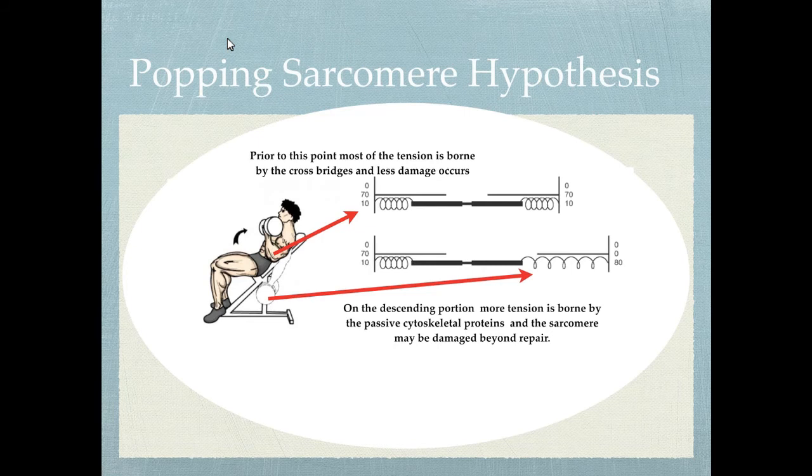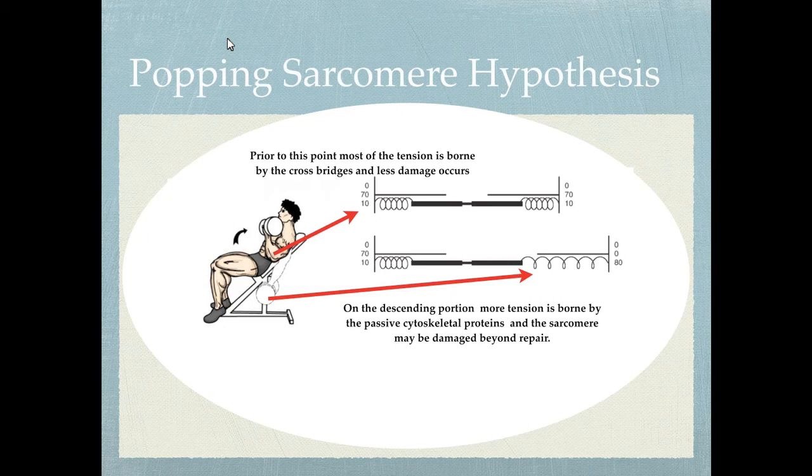So what actually occurs? How does the sarcomere get destroyed? Well, if you look at this graph here, in the upper portion, when this individual is lifting on the concentric phase or on the way down, we see that the structural or cytoskeletal component of the fiber itself is taking force, but part of that force is also carried on the cross bridges themselves.